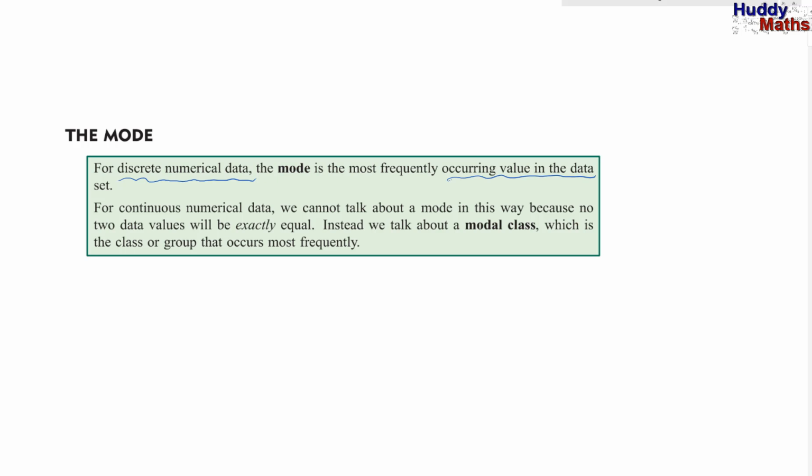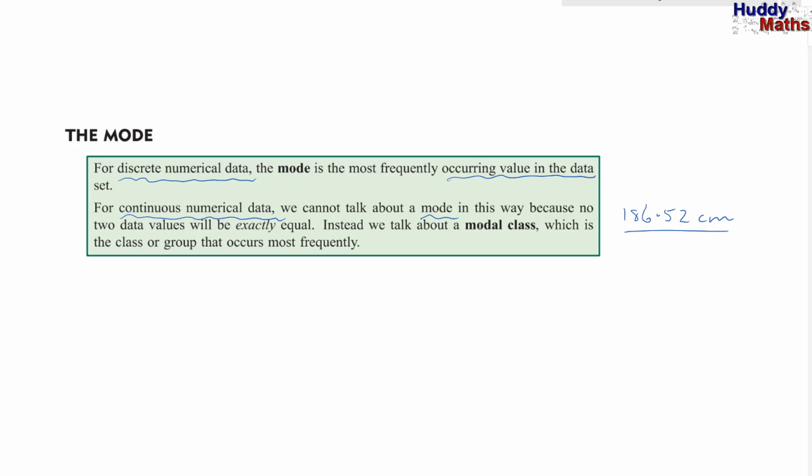For continuous numerical data, we can't really talk about the mode because no two values would be exactly the same, would they? It would be very unusual for two people to have exactly the same height, for example.